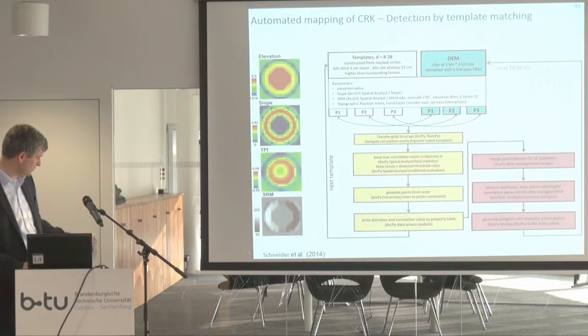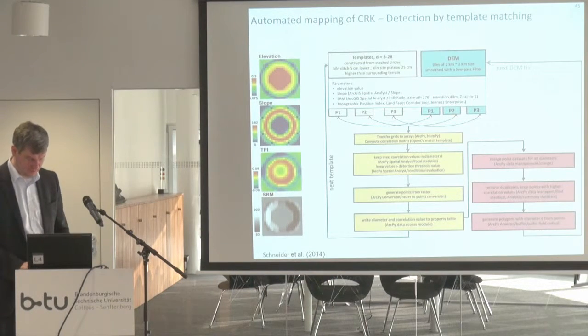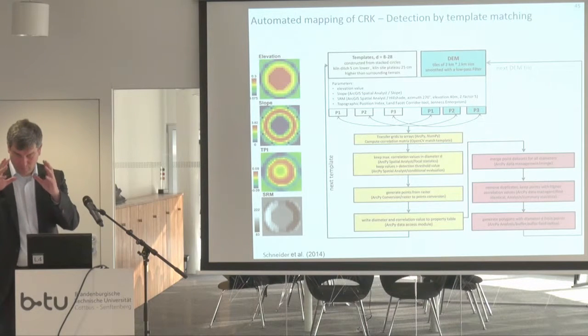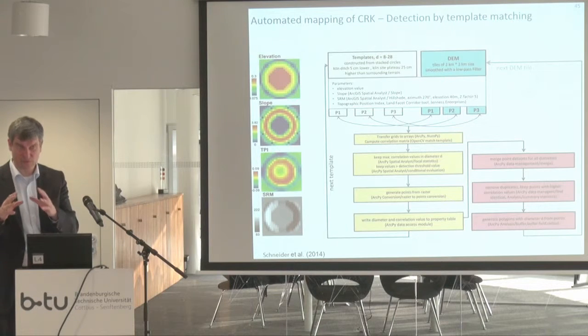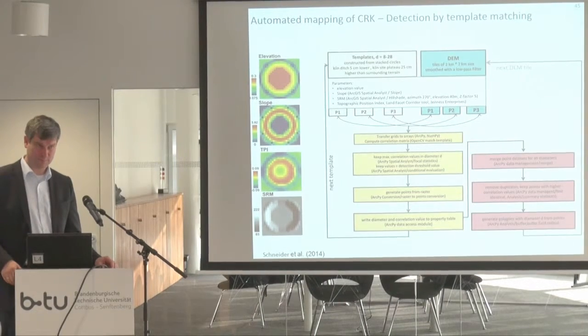This is very complicated, just refer to the literature. This is Anna Schneider, a postdoc with my group. She established an automatic mapping routine to identify all these charcoal kiln remains with GIS, because the first approach we made in Jenswalde was done manually by a person sitting at a computer, and this was also the reason we had this high failure percentage.